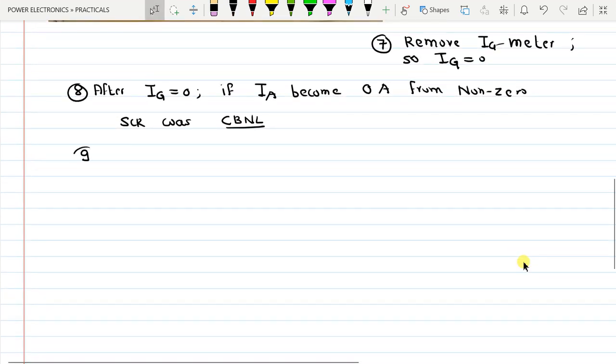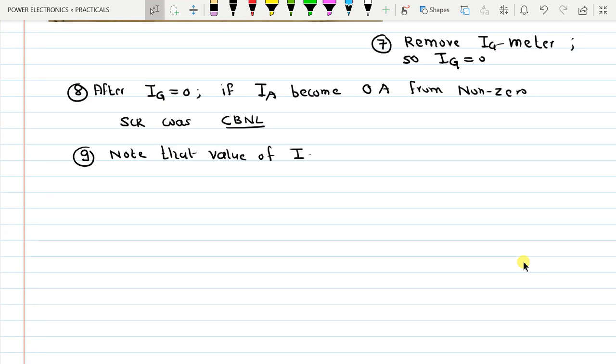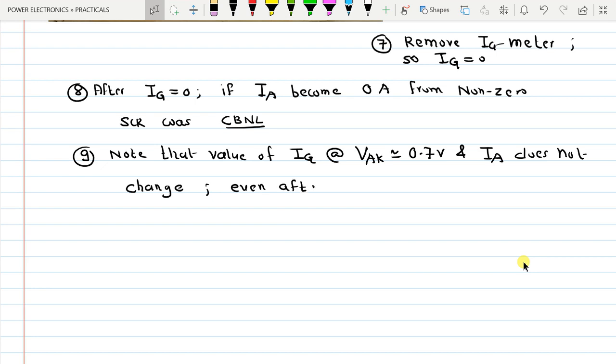So note that value of IG at which VAK becomes approximately equal to 0.7 volts and IA does not change even after IG is made 0, as IGT.